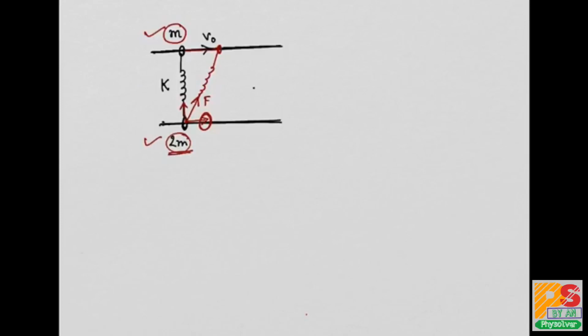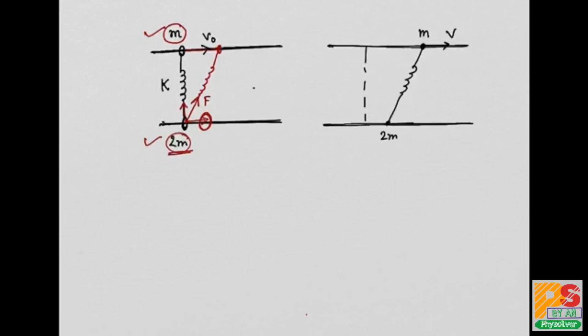Okay, and when the velocity of these two masses becomes equal, the situation should look like this. Mass m moving with velocity v, the common velocity, and this is 2m mass moving with the same velocity v.